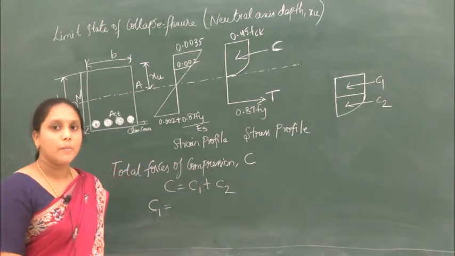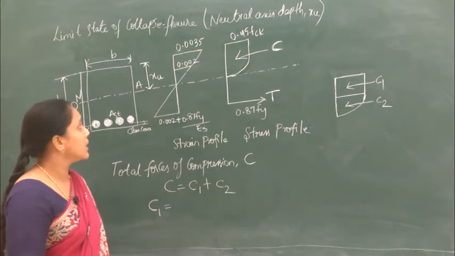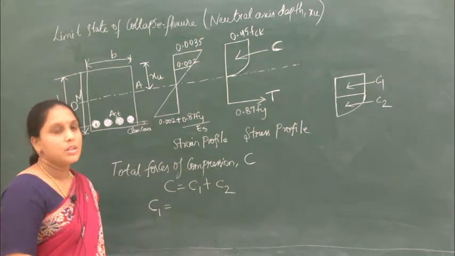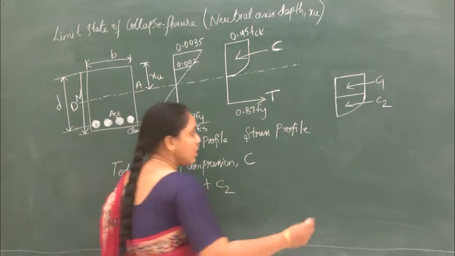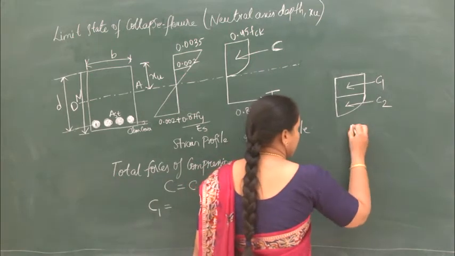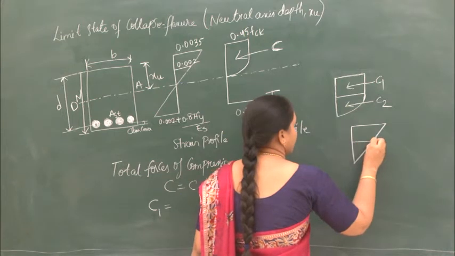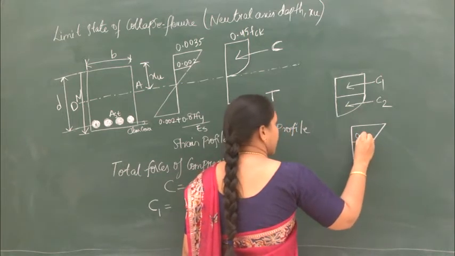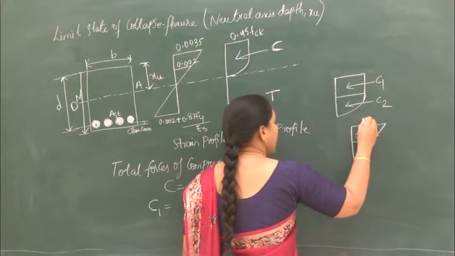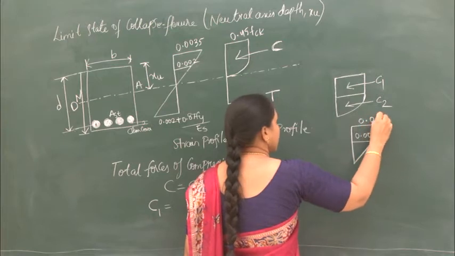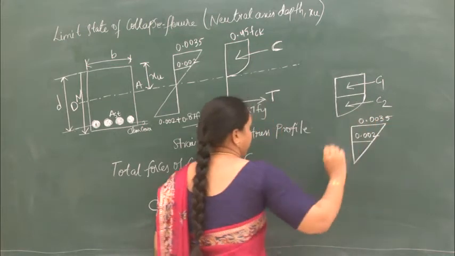For that, I am considering this particular strain profile, so let us draw the strain profile here. The strain here is 0.002 and the maximum strain here is 0.0035.